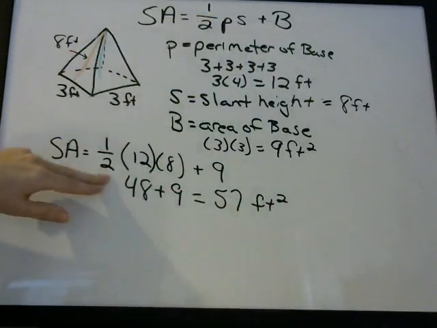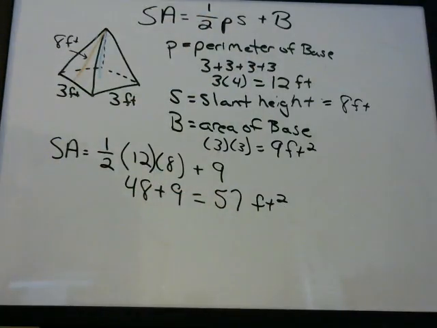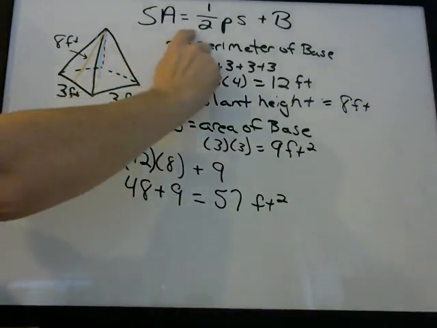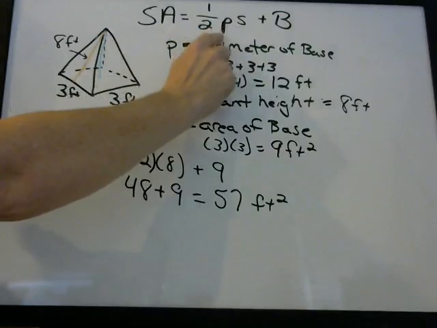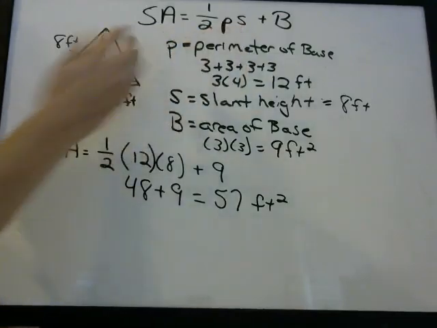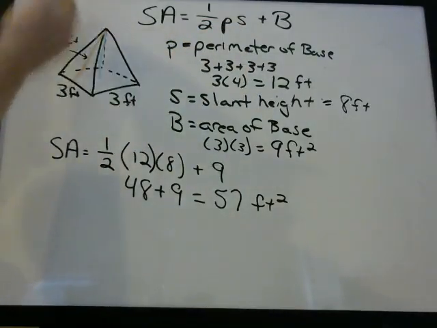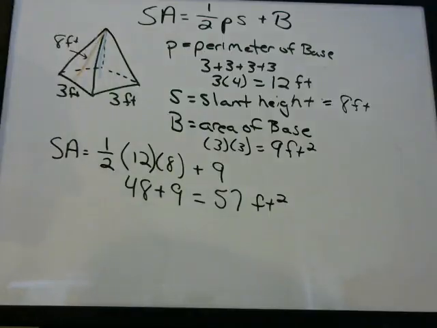into the formula. So it is also important to remember what we are doing here in this formula, so you can manipulate this if you're given something a little bit more challenging. This part here, 1/2 perimeter times slant height, is giving us the area for the sides, the triangular sides of the pyramid.